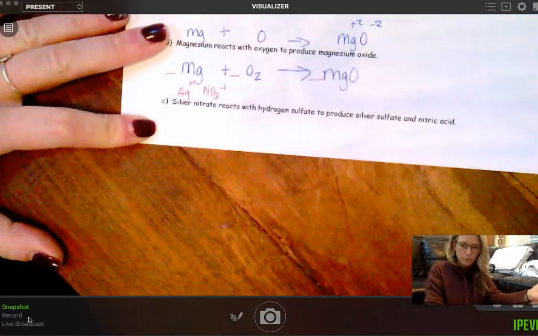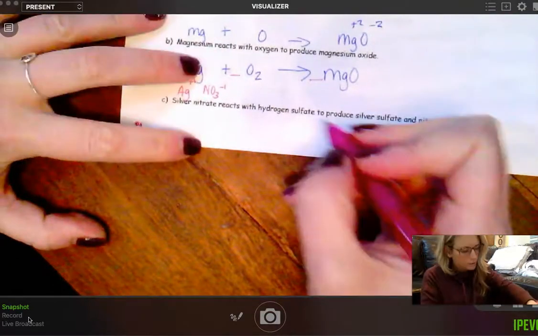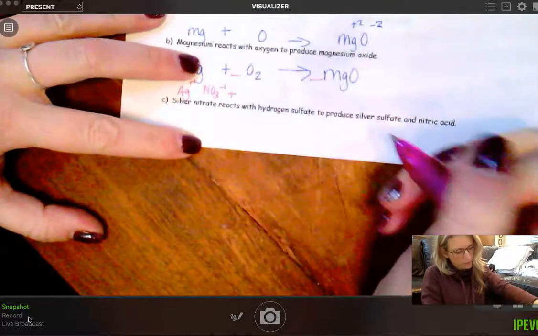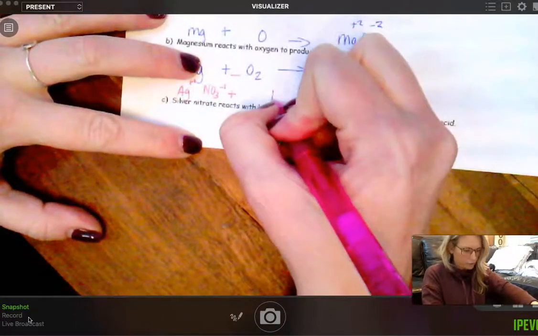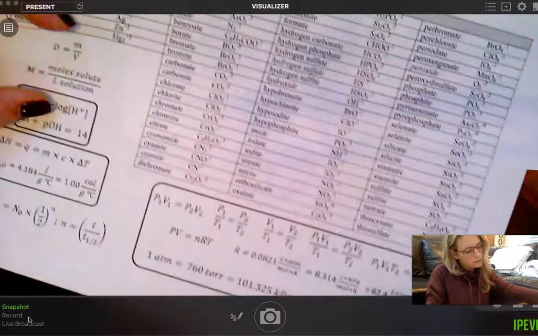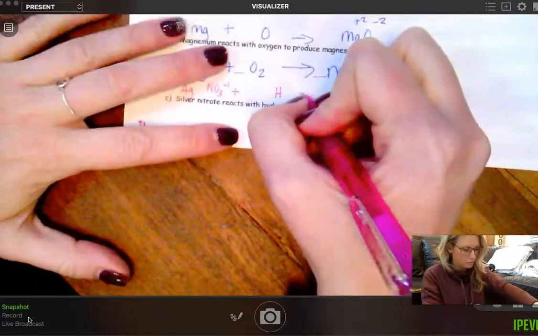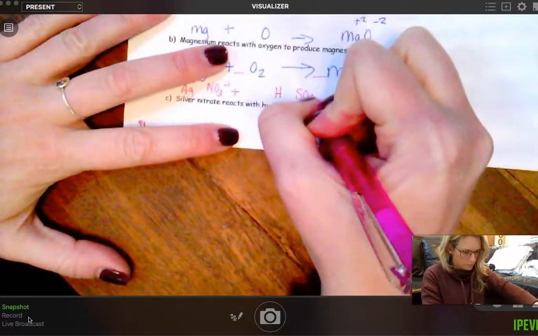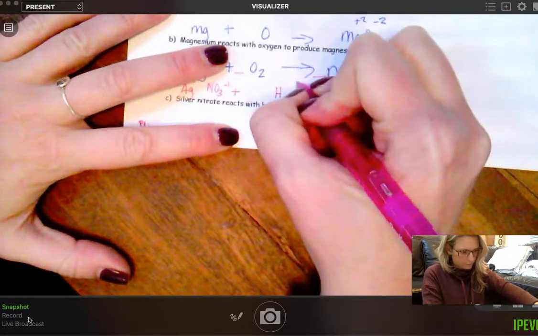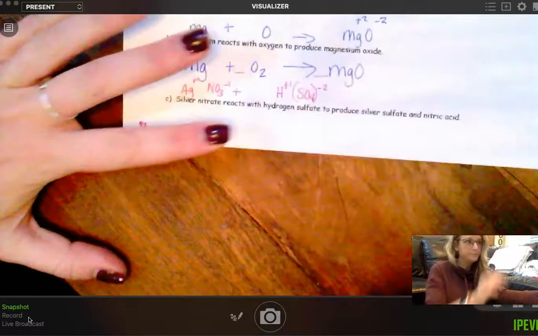So that means when we write those and swap and drop them, we're just going to leave them as they are. Okay, it reacts with, that's your plus, with hydrogen sulfate. Hydrogen is H, sulfate ends in ATE. So let's look back here. There's sulfate, SO4 minus 2. I'm going to put it in parentheses, and H is a plus 1.